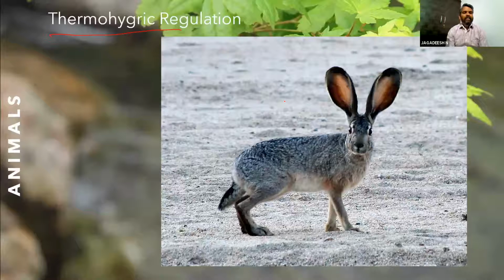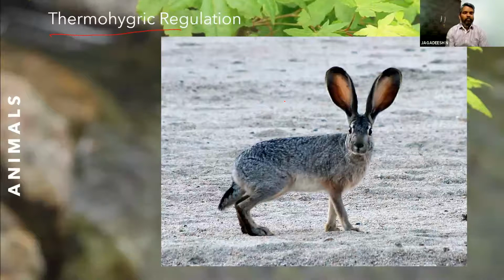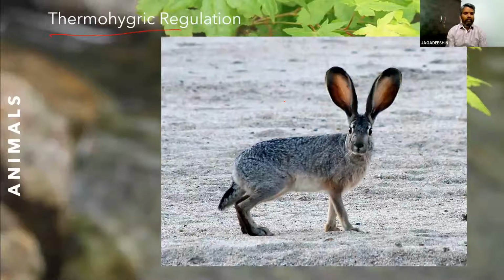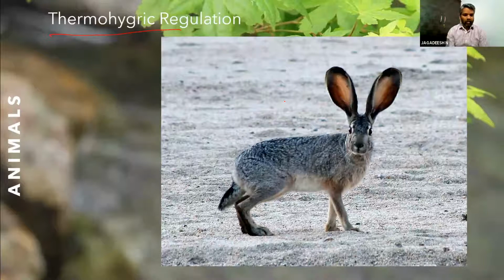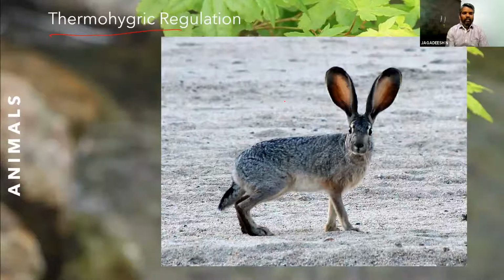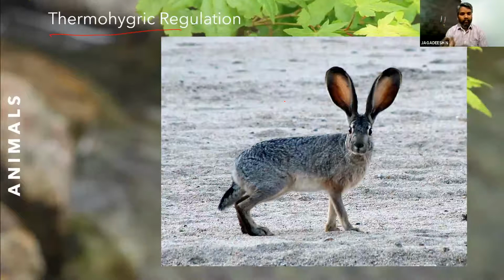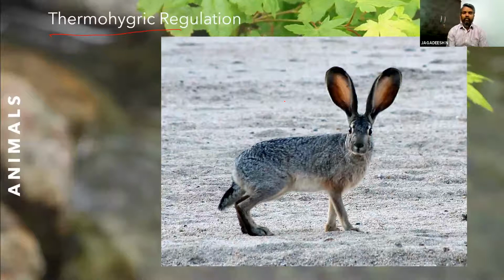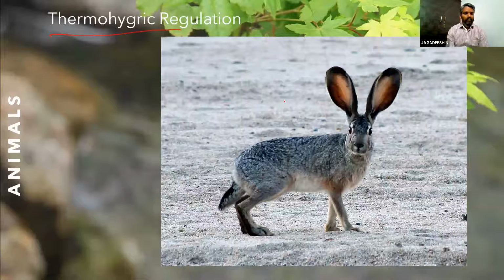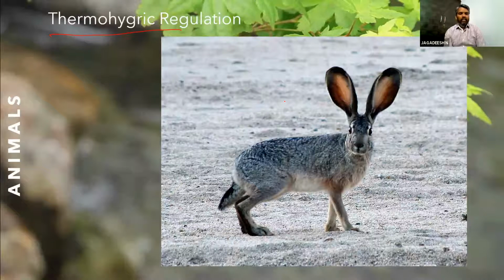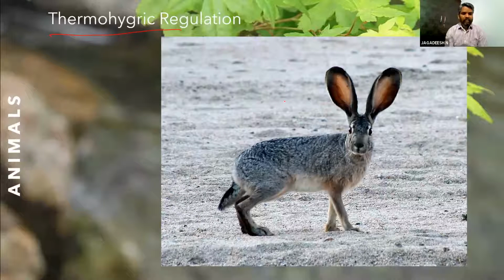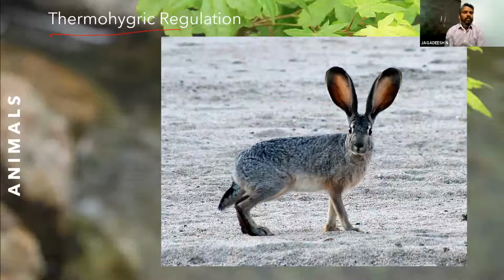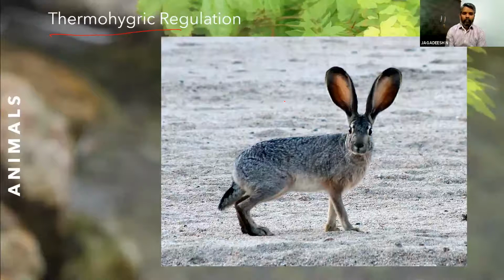In hot, dry environments, various morphological adaptations evolved, with particular organs playing very important roles in thermoregulation. For example, various animals have big ears, which are useful for cooling the body.